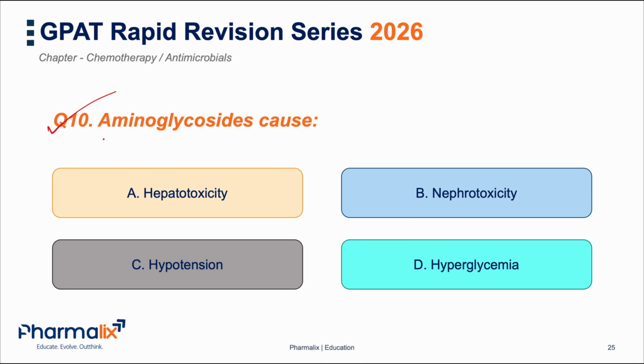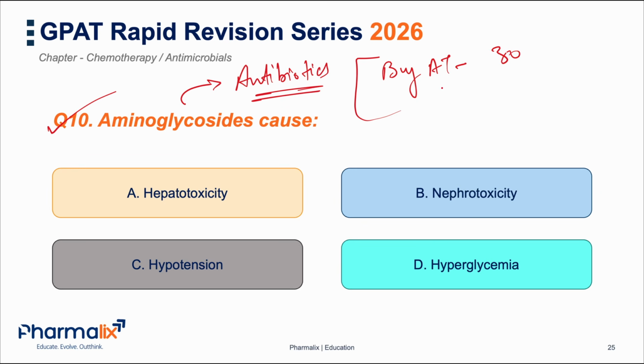The last question for today is: aminoglycosides cause hepatotoxicity, nephrotoxicity, hypotension or hyperglycemia. So previously also we have read about aminoglycosides. Aminoglycosides are antibiotics, and we have also studied the trick in our previous videos, that buy at 30, sell at 50.